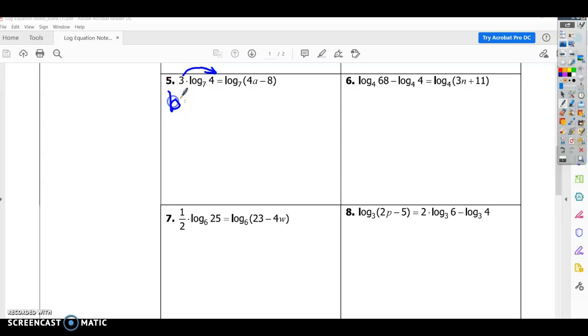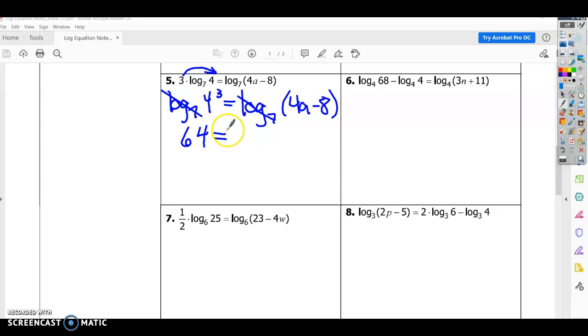So we're going to have log base 7 of 4 to the 3rd power equals log base 7 of 4a minus 8. And then we can drop our base. So then we have 4 to the 3rd, and 4 to the 3rd power is 64. And that equals 4a minus 8.